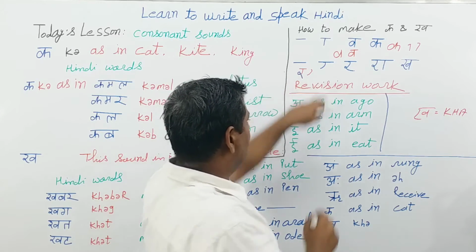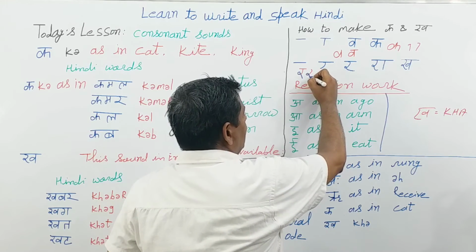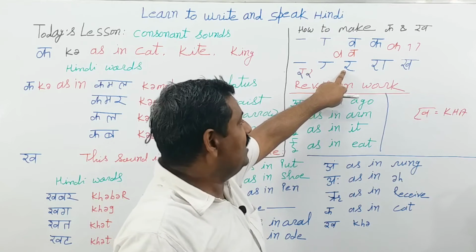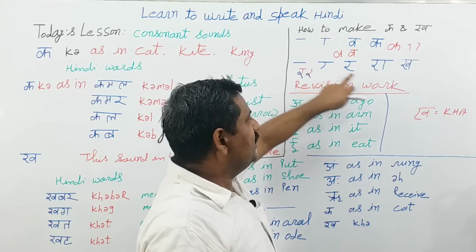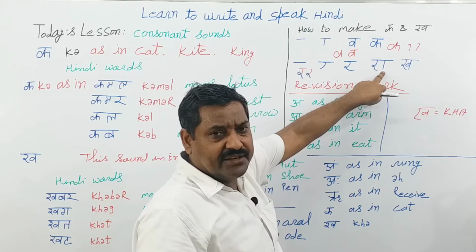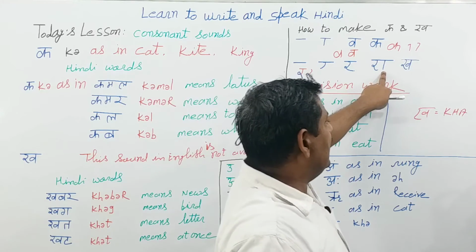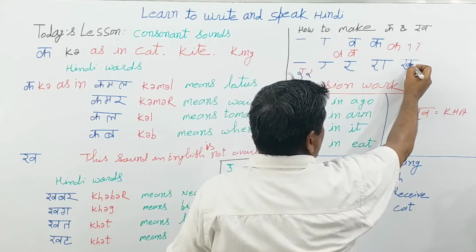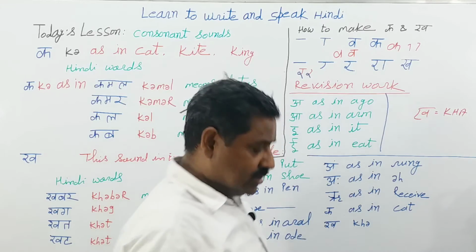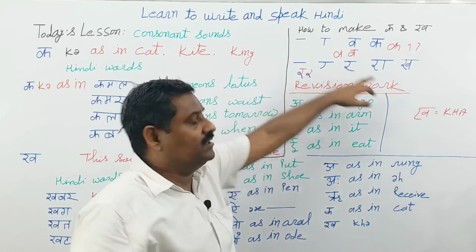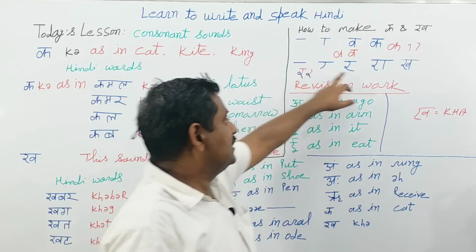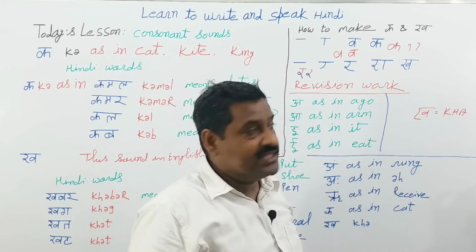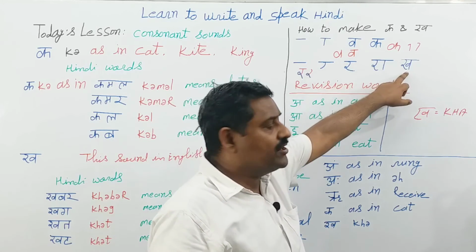And when we have drawn this shape, we draw one vertical line here, and after it, again this type of shape, and it becomes k sound. So this is k, this is k, and this is k.